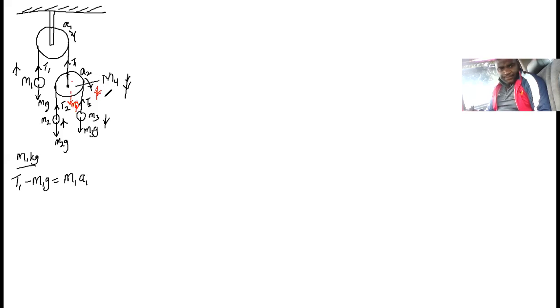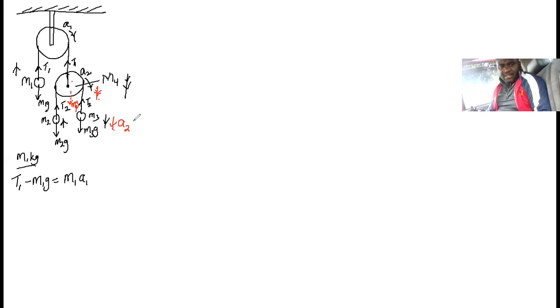If it is going down, look at the mass which is going down on the movable pulley. That is M3G. So this M3 has a force, M3G, taking it downwards. It is in the same direction as this one.